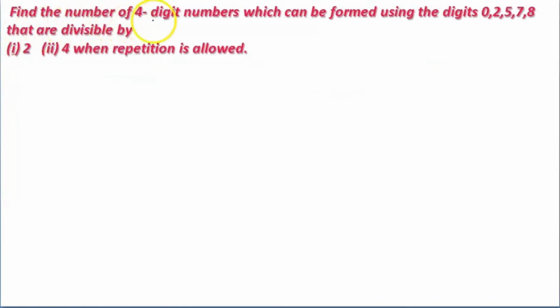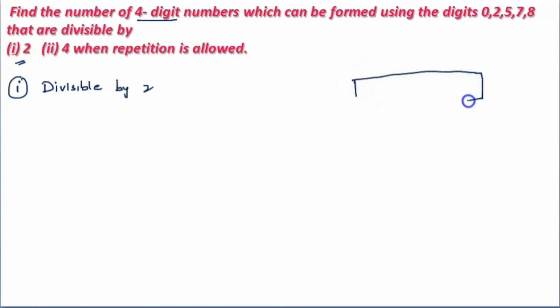Next, find the number of 4-digit numbers which can be formed using the digits 0, 2, 5, 7, 8 that are divisible by 2. How many 4-digit numbers are divisible by 2? My work is to fill these 4 places: 1, 2, 3, 4.